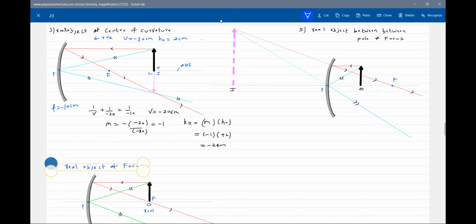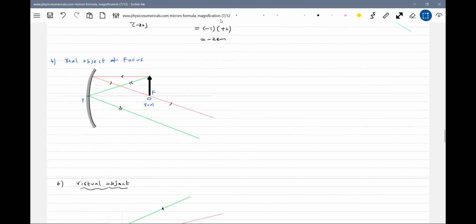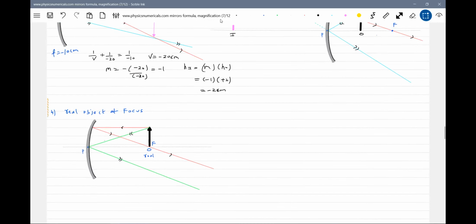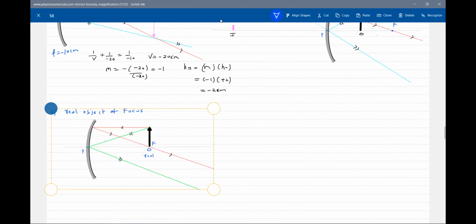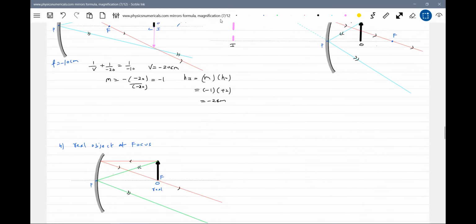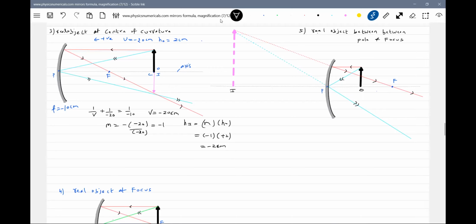I'll move it down. And now what is the conclusion we can make? Let me shift it down a bit so that I can write the data. Now the object, where is the real object? At the center of curvature.